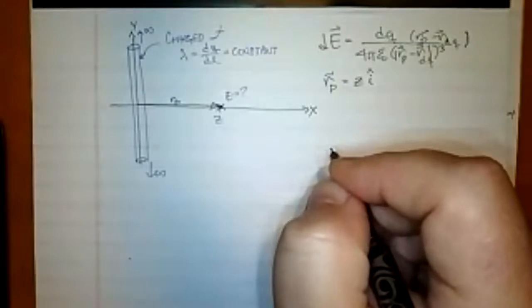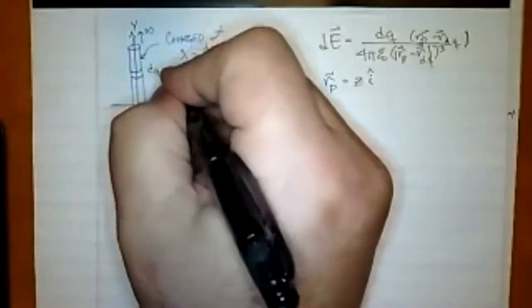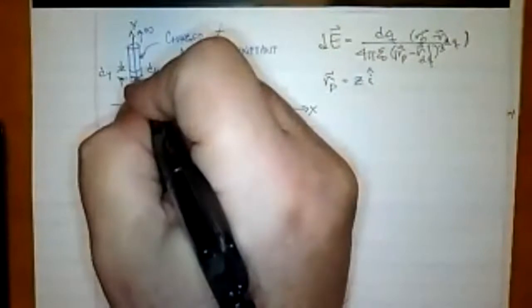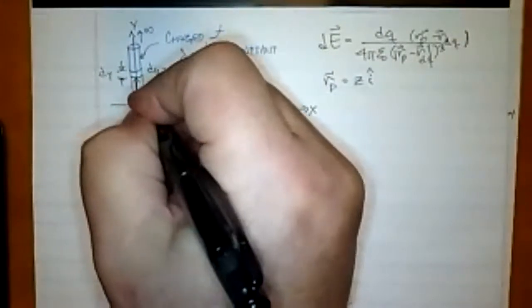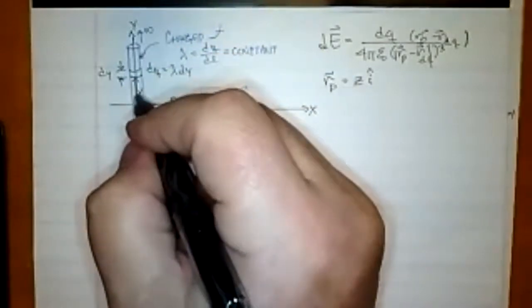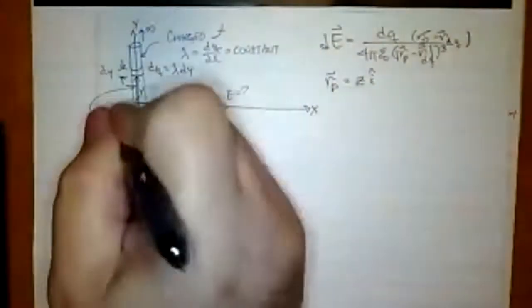Okay. Now I'm going to imagine a little bit of charge element right here, dq, which is actually equal to lambda times dy, because this width right here, that thickness, is dy. And of course, it's up a height y, and not only is it up a height y, that vector right there is, in fact, the vector r dq. I don't know why I put a vector symbol on there, but here we are.